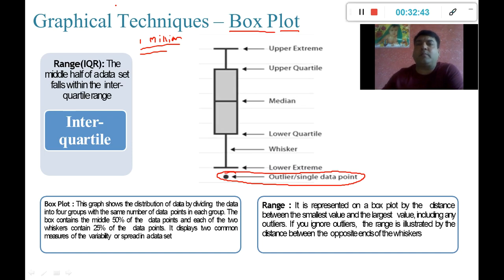Then, by a filtering process or something like that, you may remove those values, or you may still keep them in your analysis. That is a part of the discussion later on. But first of all, we need to understand which are the outlier values.